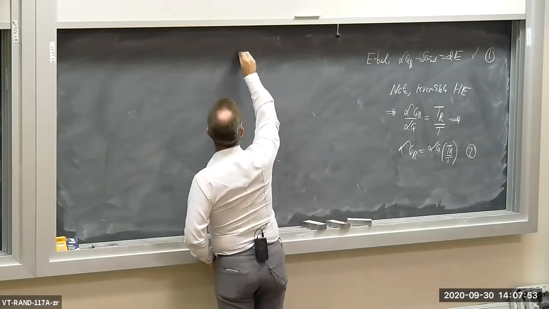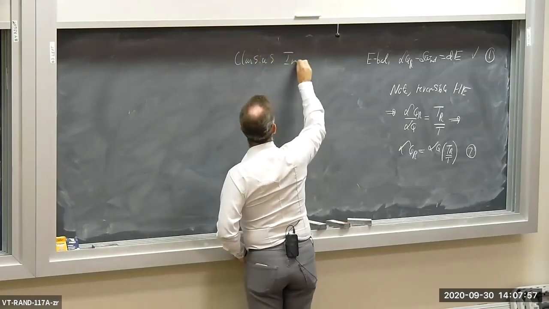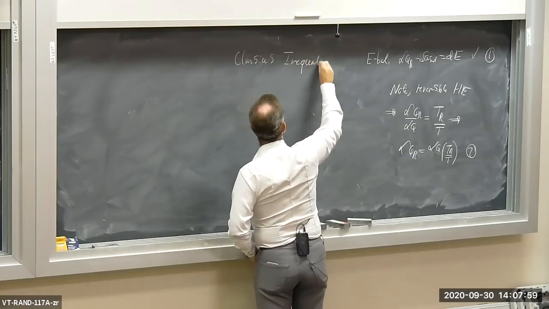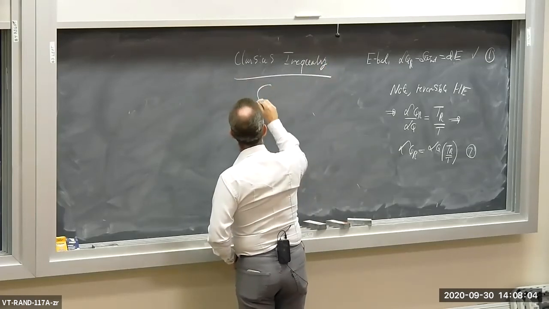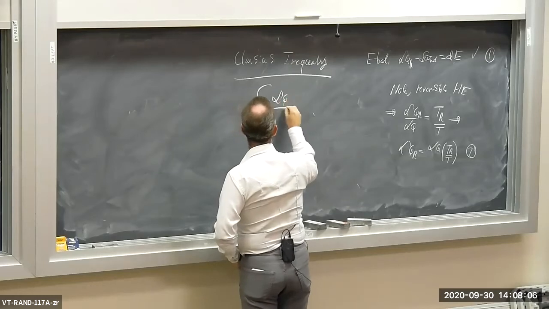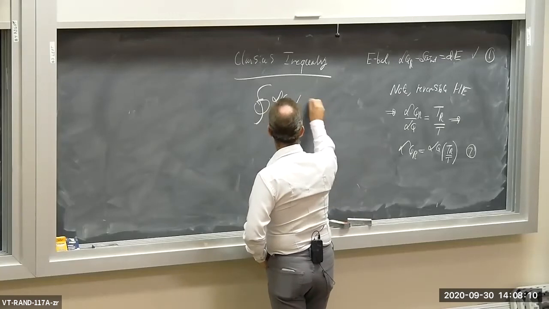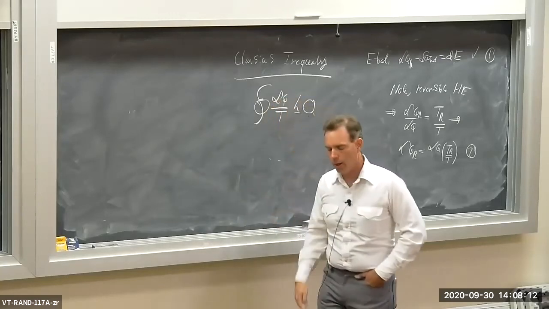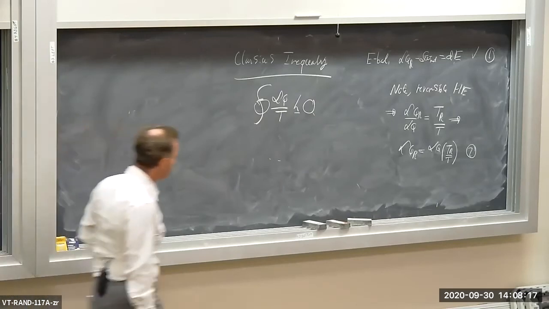So Clausius inequality: the integral over a cycle of the heat transfer divided by the temperature T has got to be less than or equal to 0. That's our Clausius inequality. It is equivalent to the second law of thermodynamics.